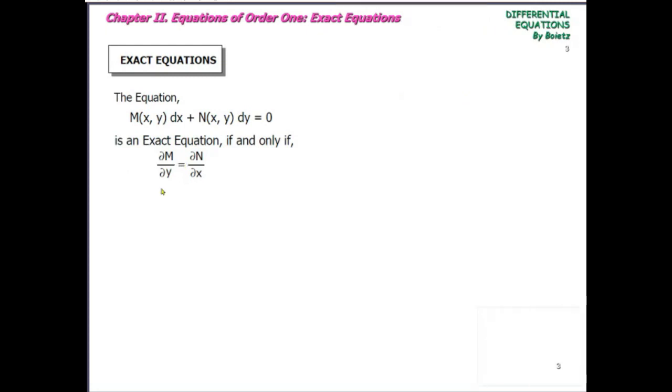Partial derivative of M with respect to y is equal to the partial derivative of N with respect to x. The exact equation siya. Okay? So ang gagawin mo lang, if your function is M function of x and y, if you are taking the derivative or the partial derivative of this function with respect to y, you will treat x as the constant.